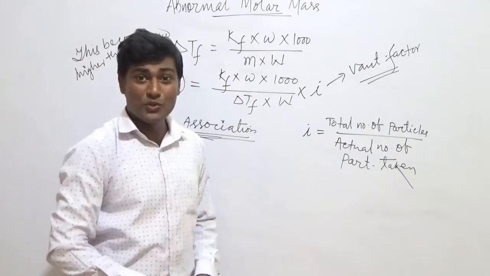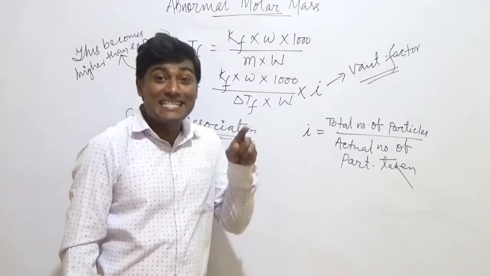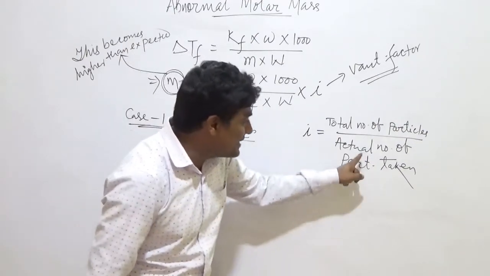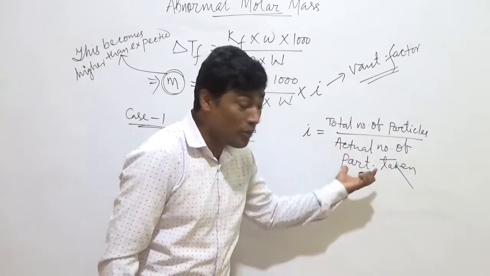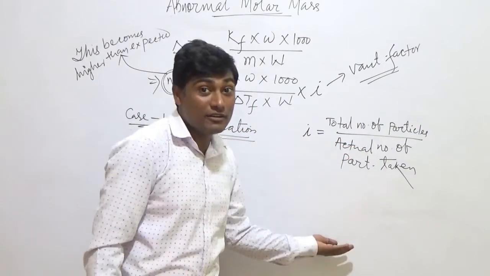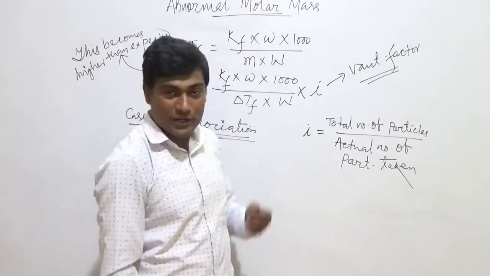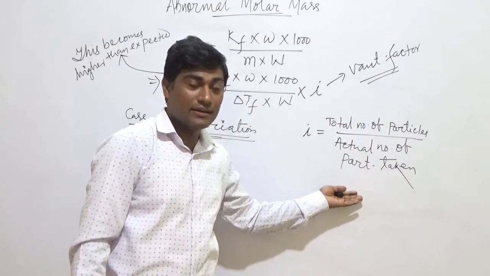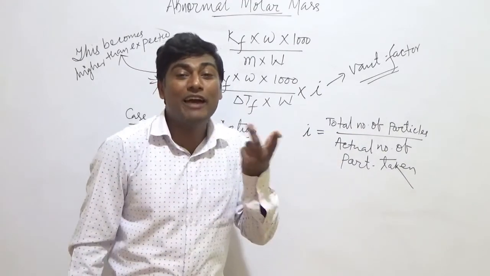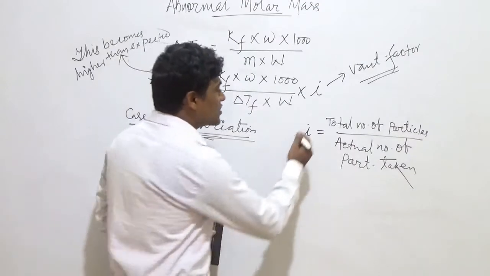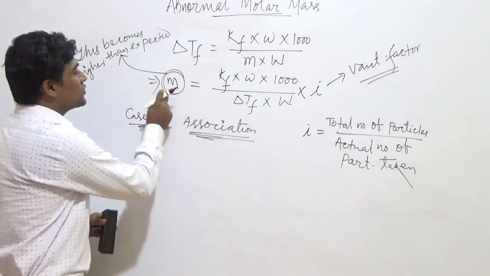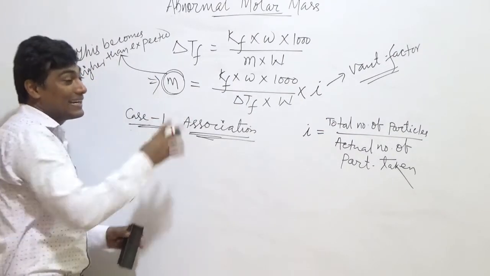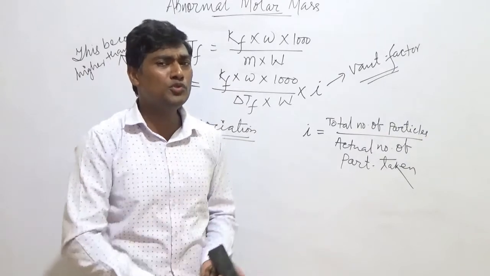So it is clear, after association, since the number of particles is less than that actually added, the numerator is less than the denominator, so it gives you a value that is less than 1. Once you multiply, you get a value that is less than this value, and it approaches or becomes equal to the true value.